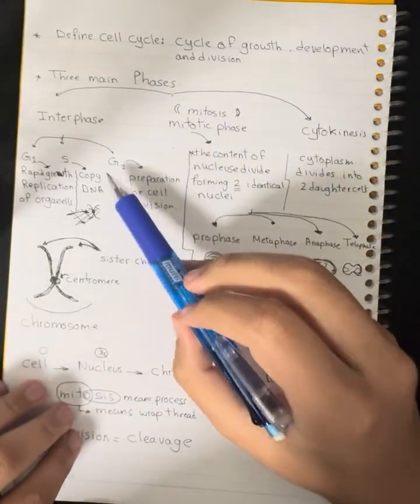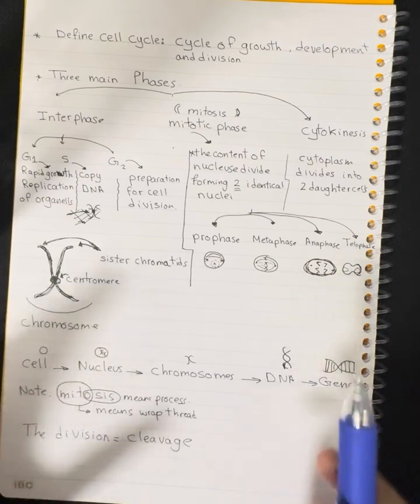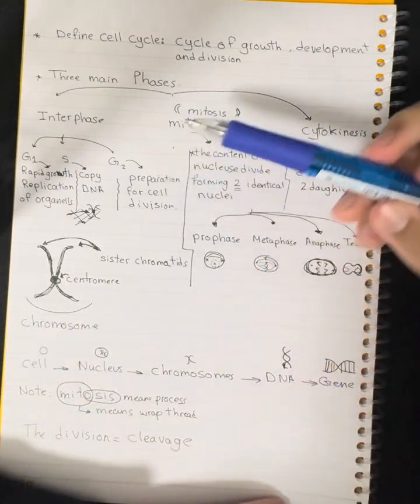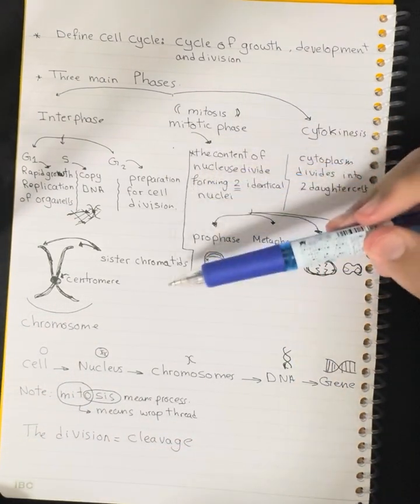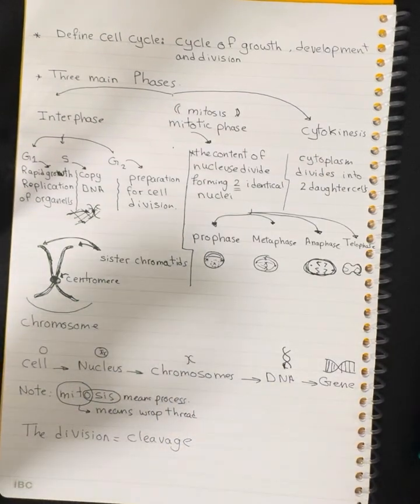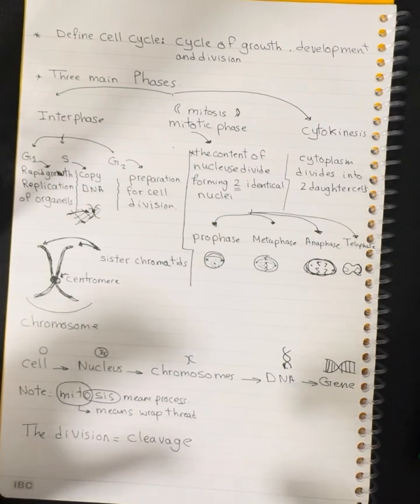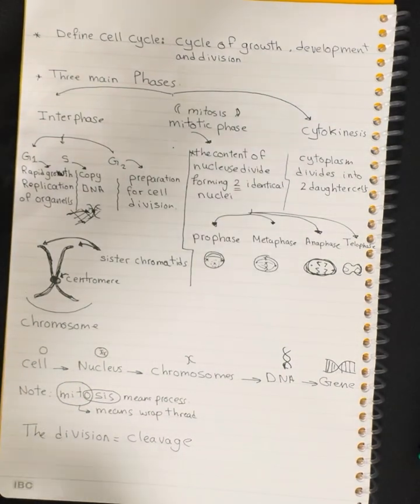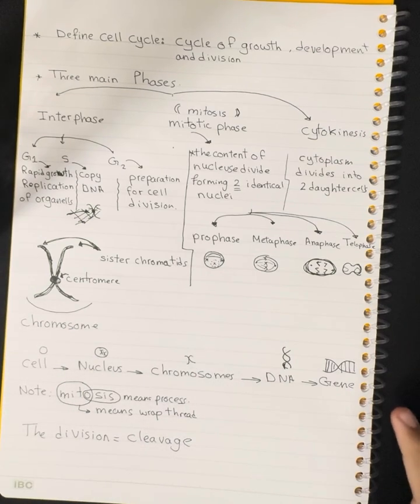And then G2, preparation for cell division. G2 means gap 2, and it prepares the cell for cell division. This means it checks: is the cell big enough? Does it have exactly the right organelles, exactly the right DNA? Everything needs to be perfect before moving on to mitosis and cytokinesis.